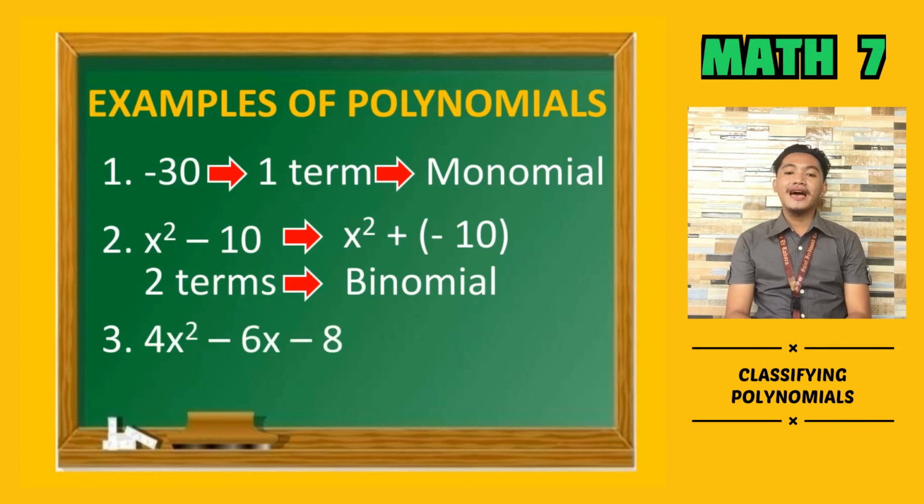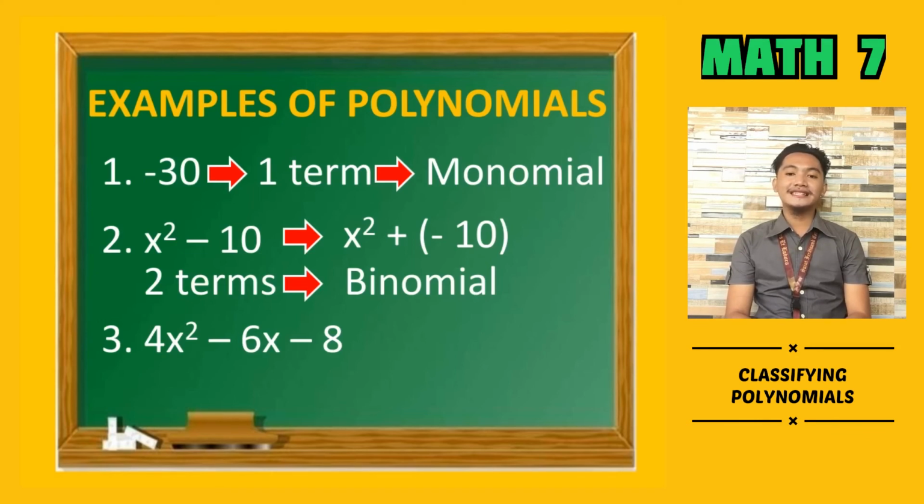Lastly, let's have the expression 4x squared minus 6x minus 8. It is a polynomial and can be written as 4x squared plus negative 6x plus negative 8.